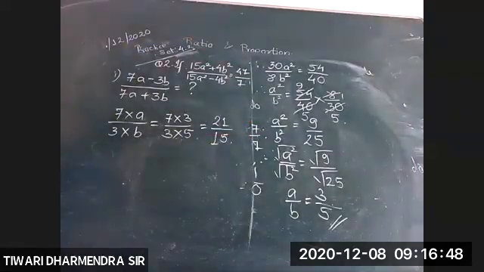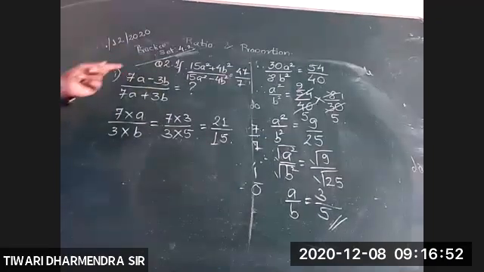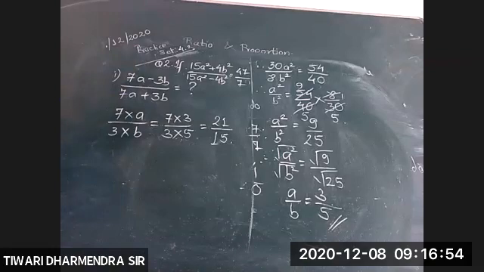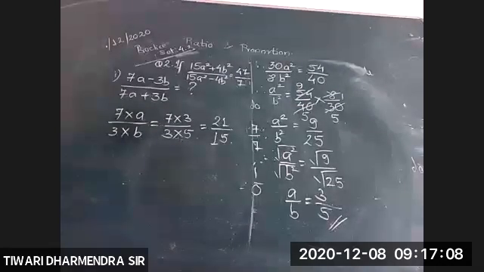Okay. Now we got 7a by 3b. So what we need to do? We want minus in numerator and plus in denominator, that is 7a plus 3b. So just take componendo and dividendo, and after that we will reverse it. Hope you have understood what I mean. Let's do it.